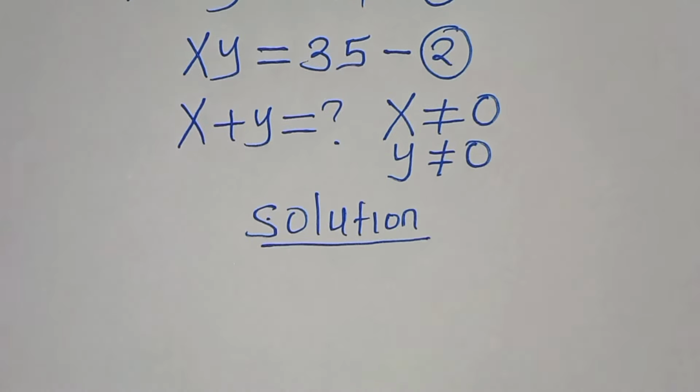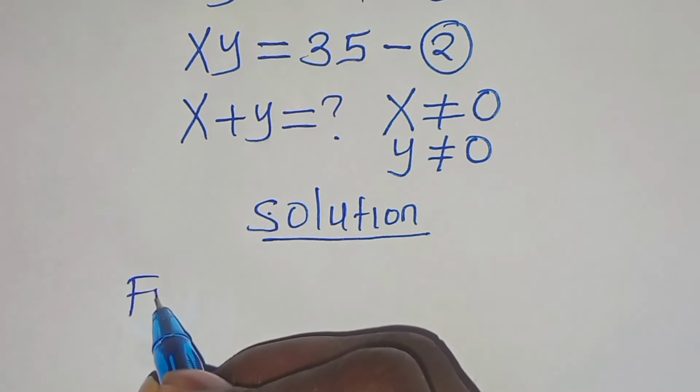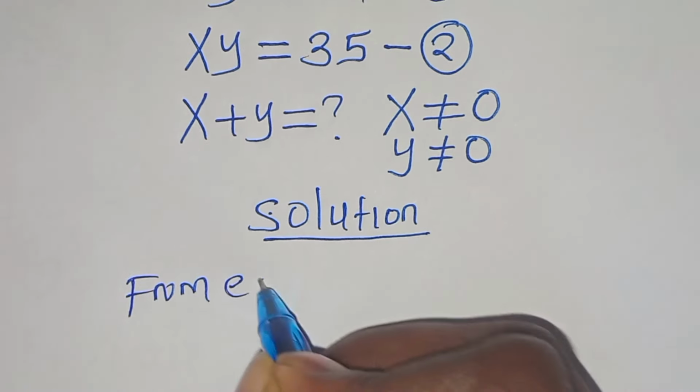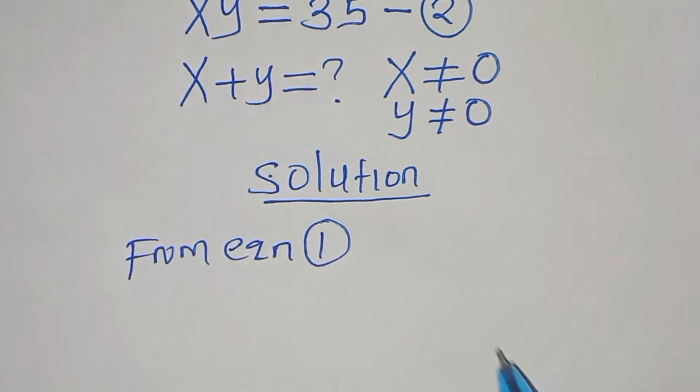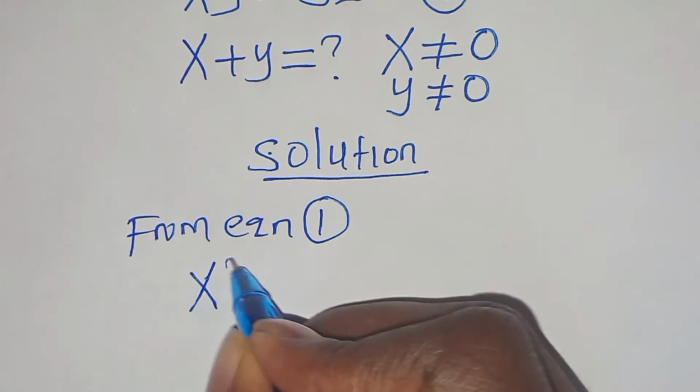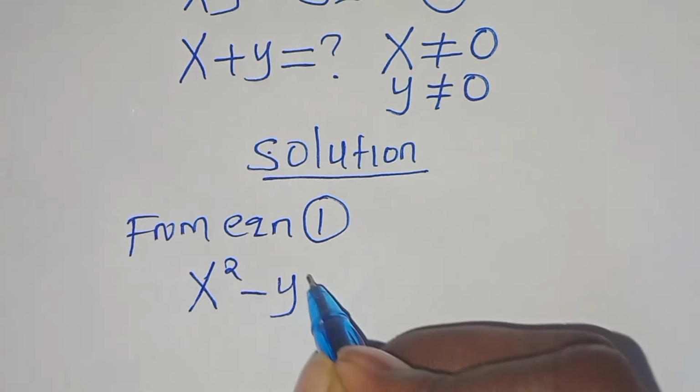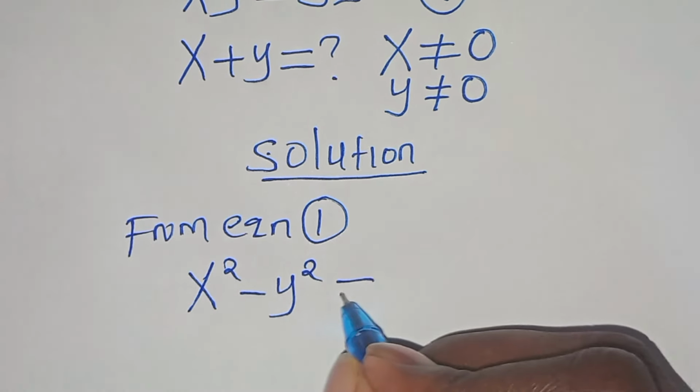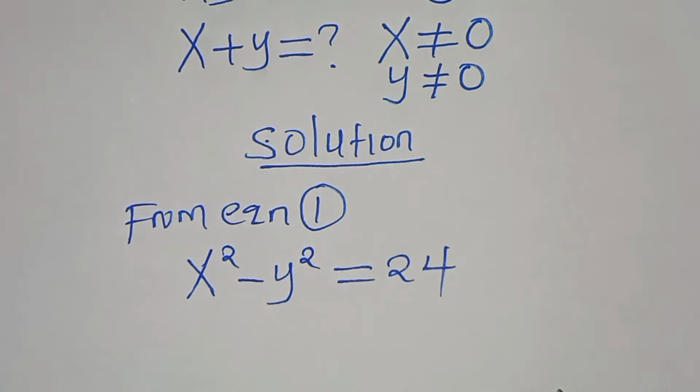Now the first thing to do here, from equation 1, which is x squared minus y squared, this is equal to 24.